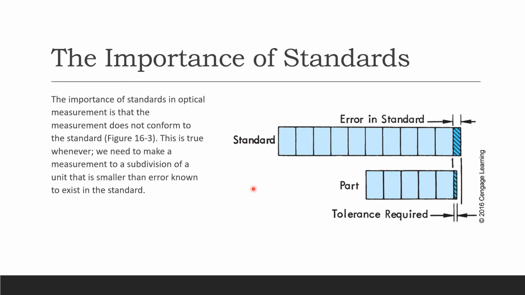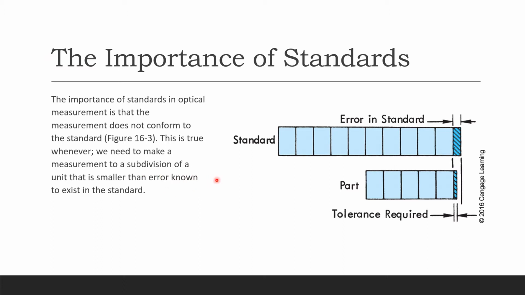What it's trying to tell you is that every time you make a measurement requiring a subdivision of the standard, and that subdivision is smaller than the known error in the standard, you're going to get a measurement that does not conform to the standard. You will get something different.